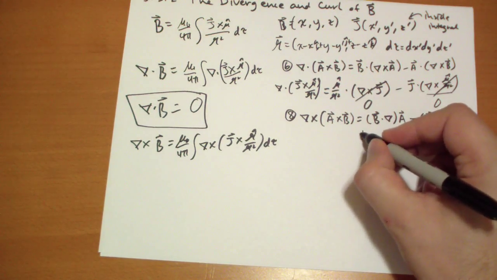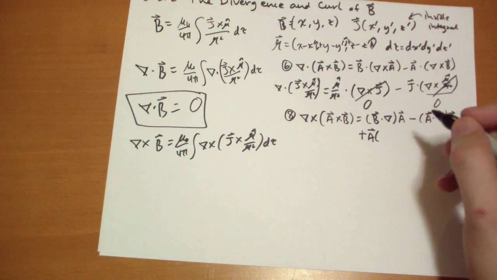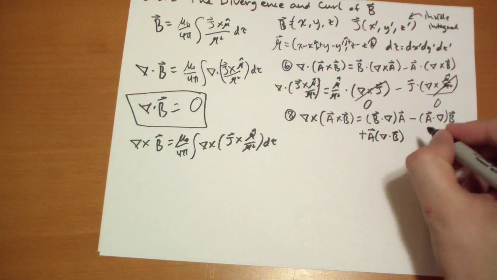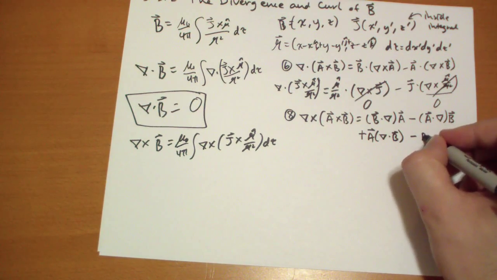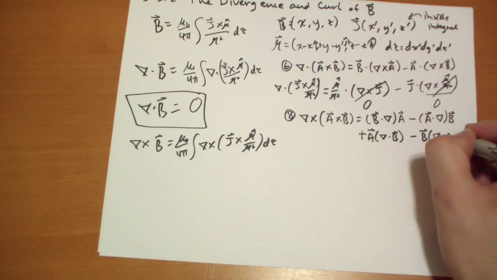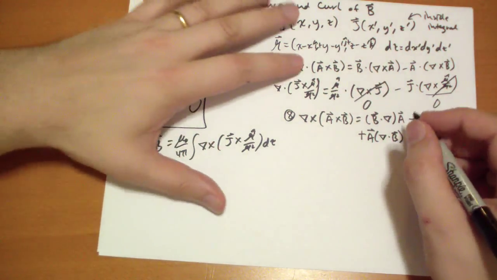And then we add in the A vector times the divergence of B. We subtract the B vector times the divergence of A vector. Alright, so we have 4 terms there that we need to account for if we're going to properly calculate the curl of B.